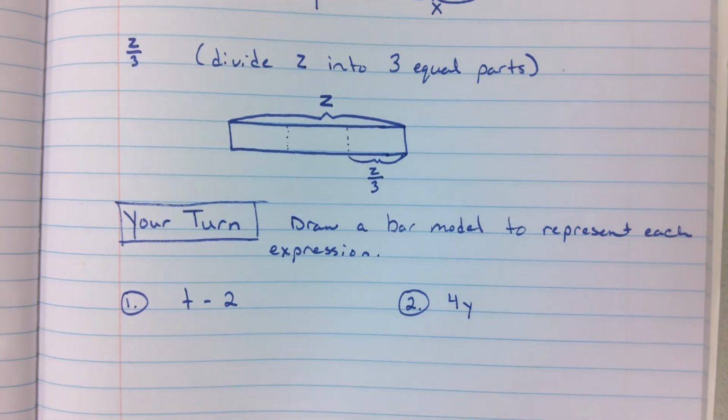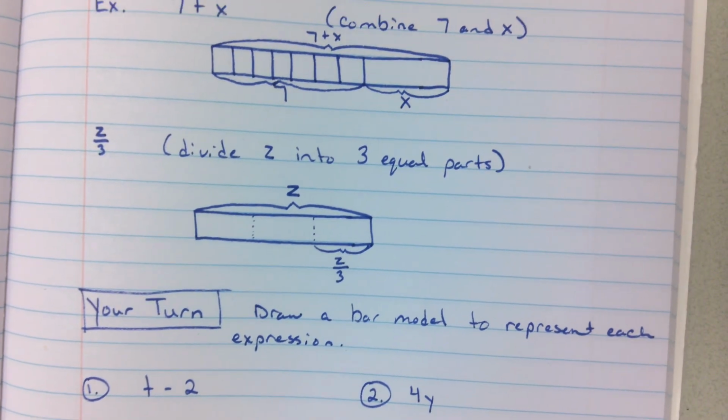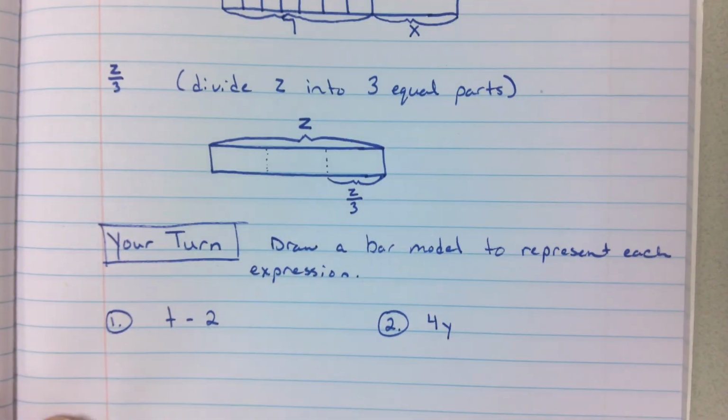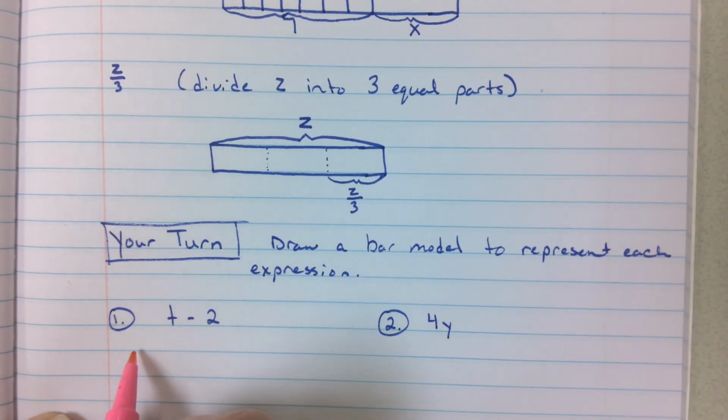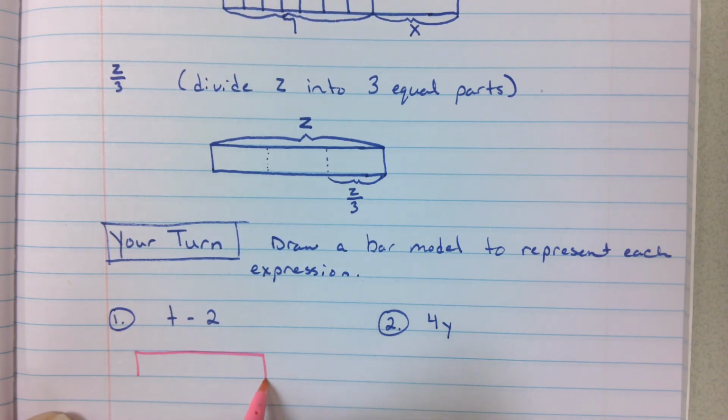All right, so I'm going to go back here and I'm going to draw this here for you. So we have t minus 2. So here's t. All of this is t.